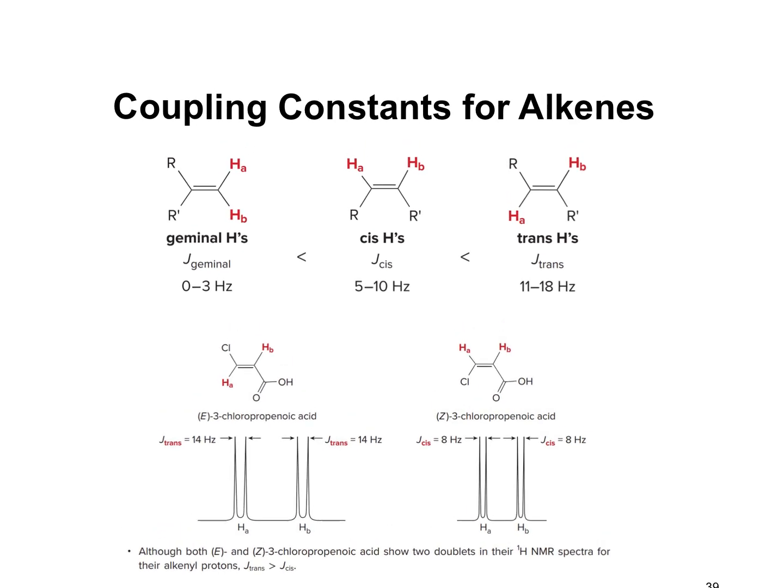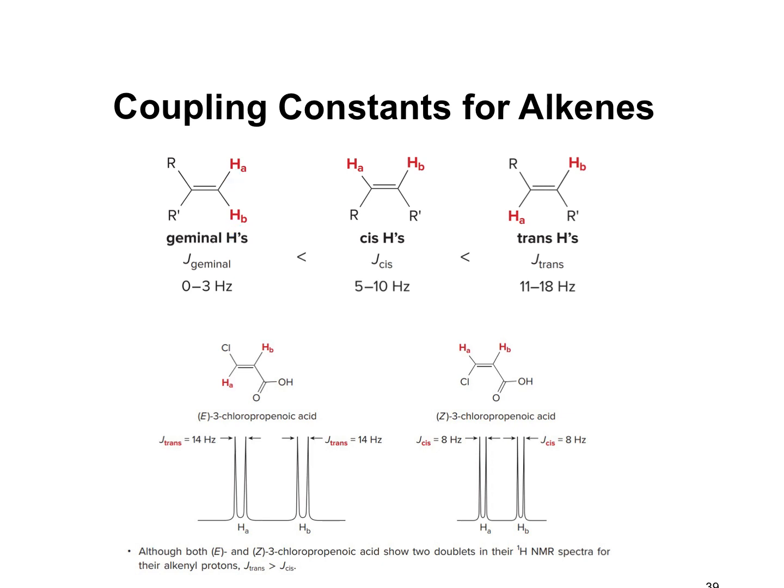Protons that are on carbon-carbon double bonds often give really characteristic splitting patterns. So we want to look at di-substituted double bonds, and you can end up with three different types. You can end up with geminal protons.